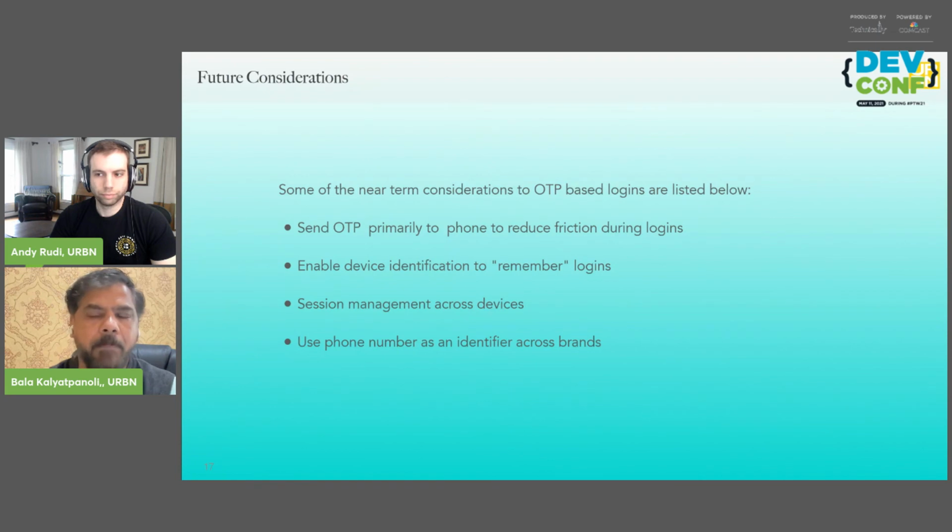And then grand plans for our feature is to use this mobile number as an identifier across all our brands, like Free People, Anthropologie, and Urban Outfitters. So more to come. We have some work in progress for some of these features, and our product and BA folks are working on some more changes down the pike.